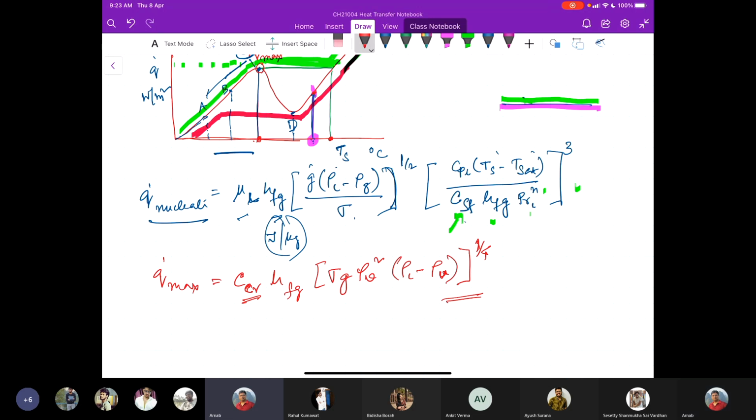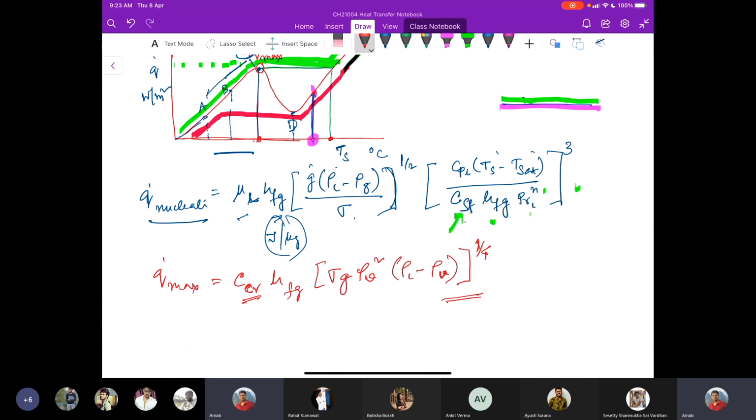Similarly, because this maximum heat flux is essential, you have to know how to avoid this burnout phenomenon that we have already discussed. Similarly, you also do not want your system to be operated in the Leidenfrost region or the Leidenfrost point.